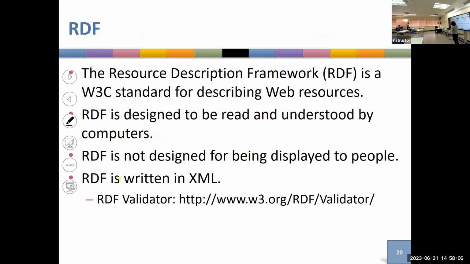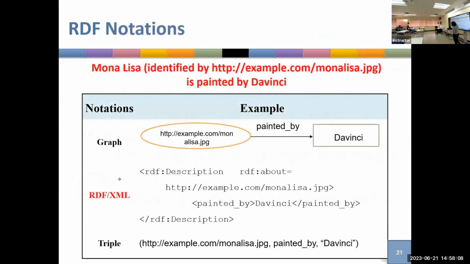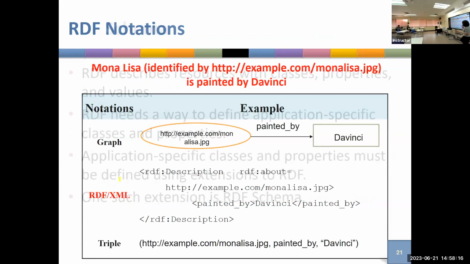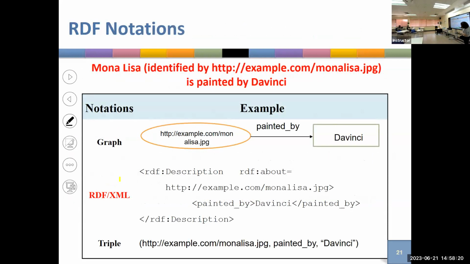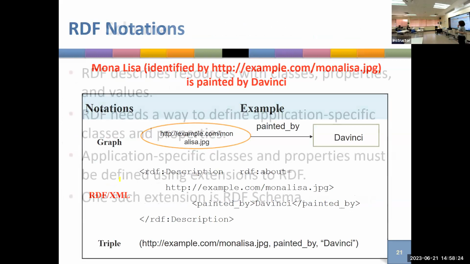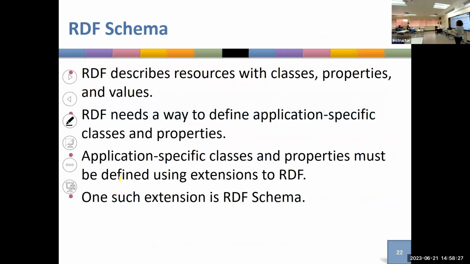Anyway, RDF we know about already. Notations of RDF include the graph notation, the RDF XML notation, and the triple notation. This one is just Mona Lisa, painted by Da Vinci.